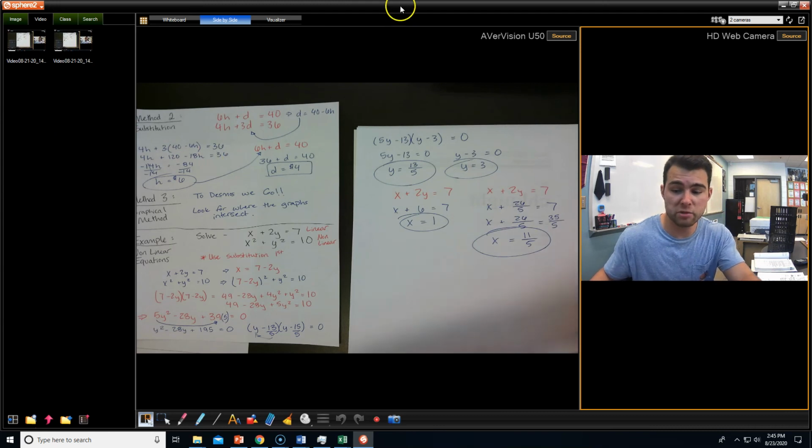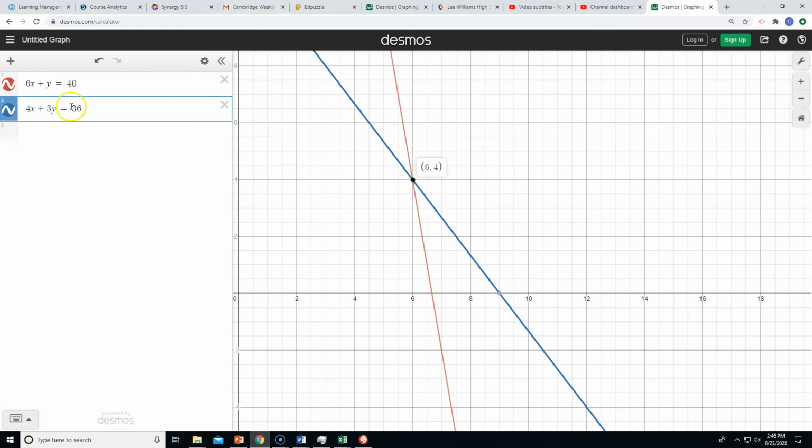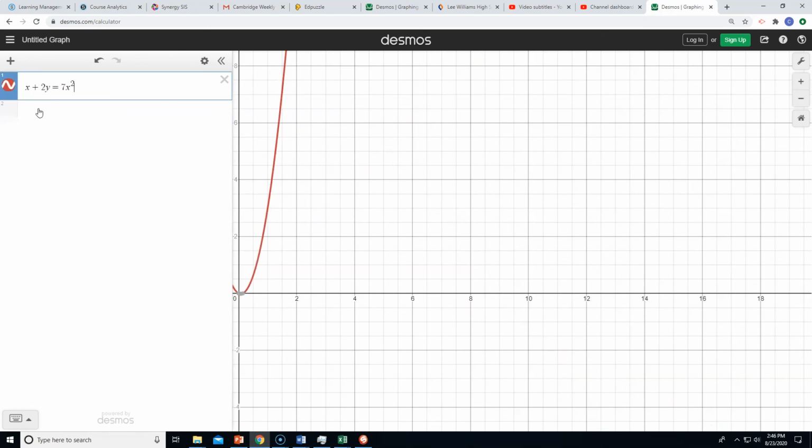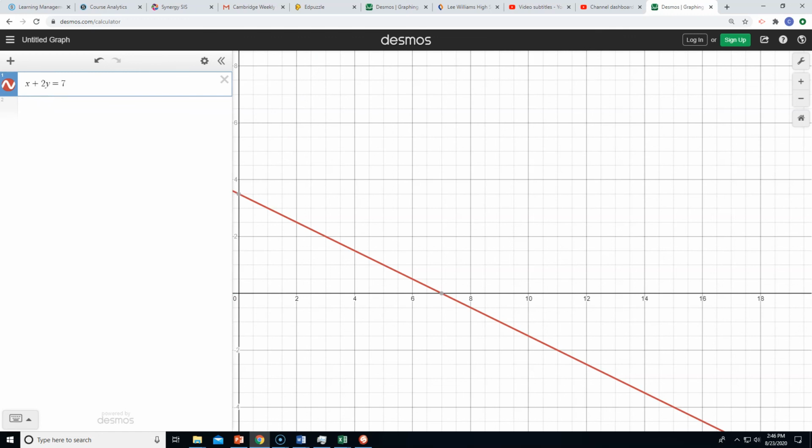Let's graph it on Desmos real quick and just see what we come up with. So we had x plus 2y equals 7 for one of them, and then we had x squared plus y squared equals 10.